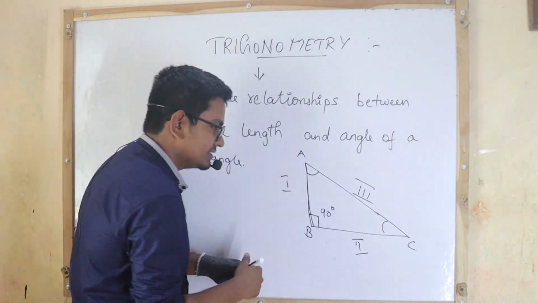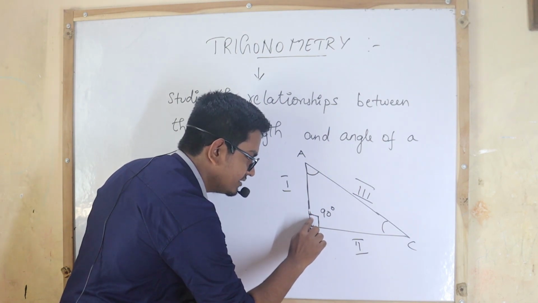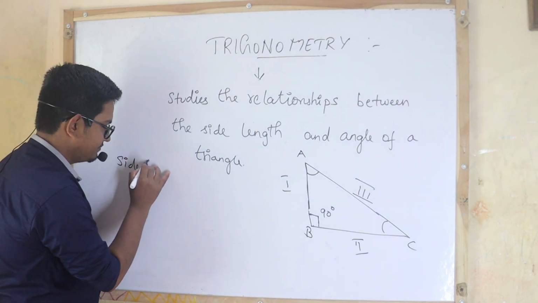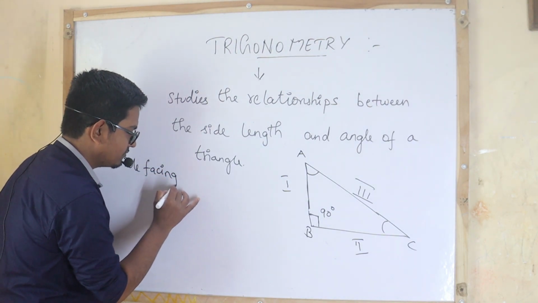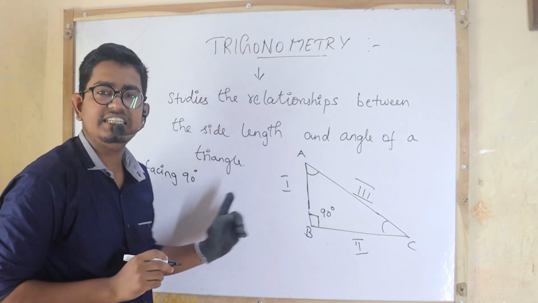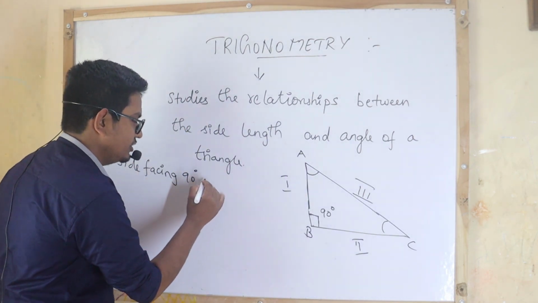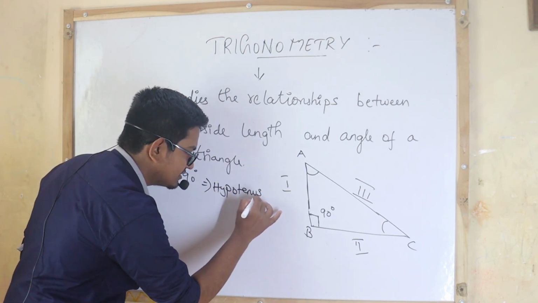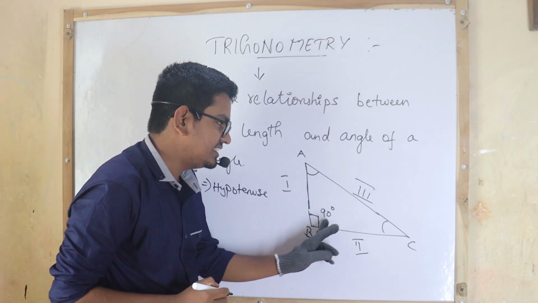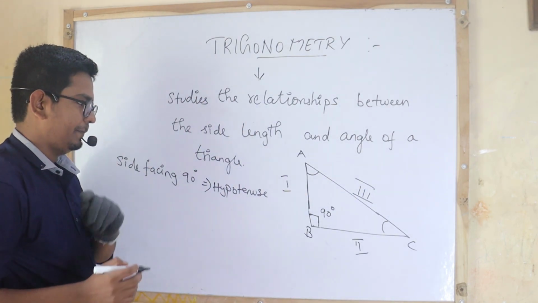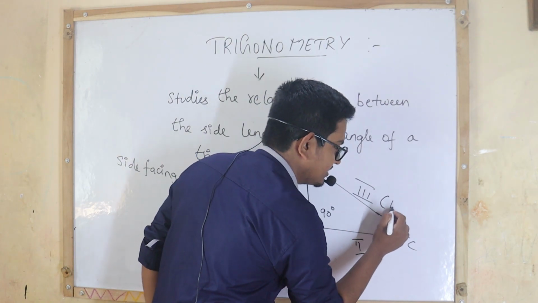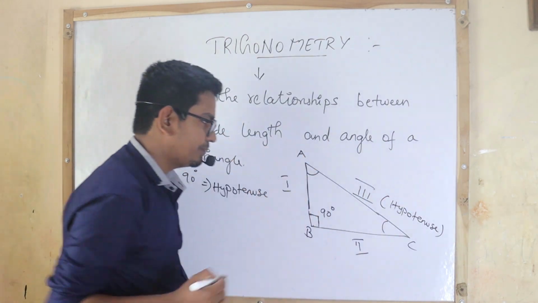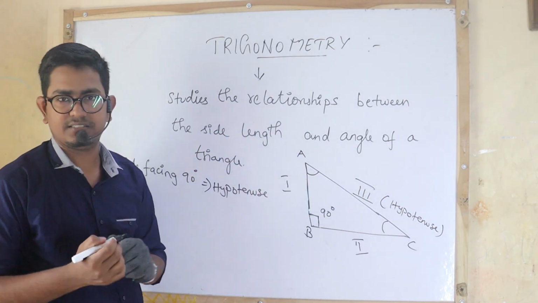Remember, the side facing the 90 degree is known as hypotenuse. The side which is facing the 90 degree is known as hypotenuse. So this side is now known as hypotenuse.